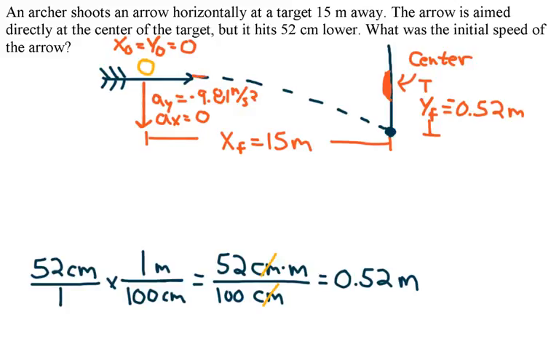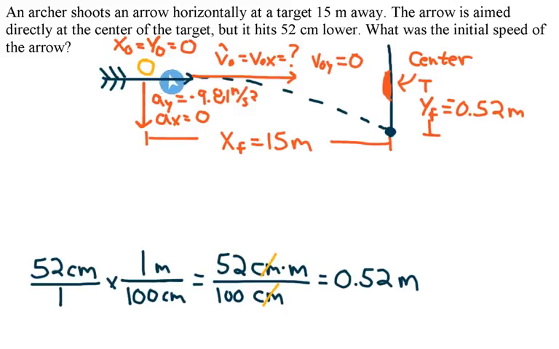So the initial velocity vector is equal to the initial velocity x component, and we don't know what that is. Since the initial velocity is perfectly horizontal, my initial velocity in the y direction is equal to 0.